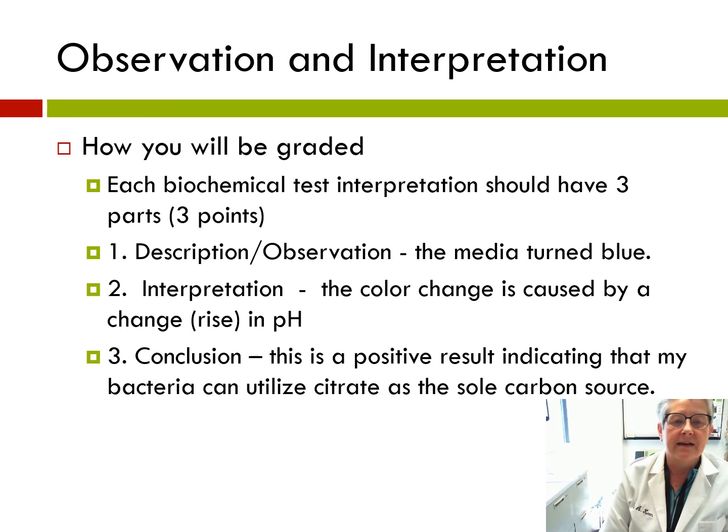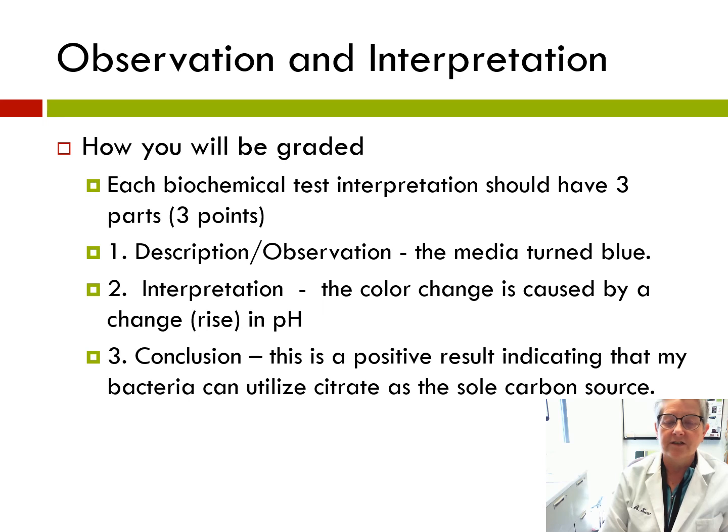Here's how you'll be graded on this. Each biochemical test should have 3 parts, and this also is listed in your course pack. The first part is to describe or observe what you saw, or what you'll see in your photographs. For instance, the media turned blue. Then the interpretation. Well, why did the media turn blue?